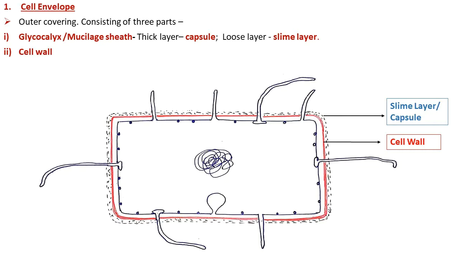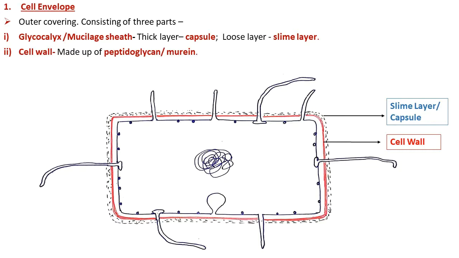The cell wall is not like that of plants, means not made up of cellulose. Instead, the cell wall is made up of a chemical named peptidoglycan.